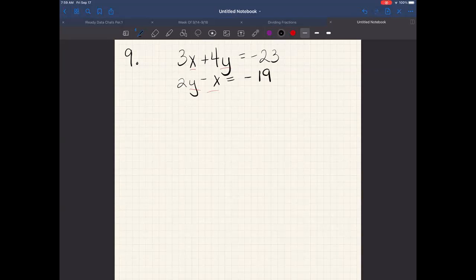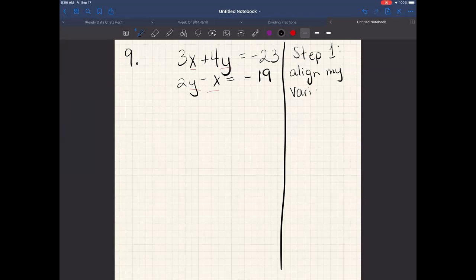So my first step, step one, align my variables. The first thing is you want to make sure that your x's are on top of your x's and your y's are on top of your y's.